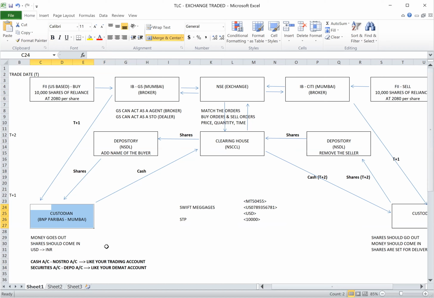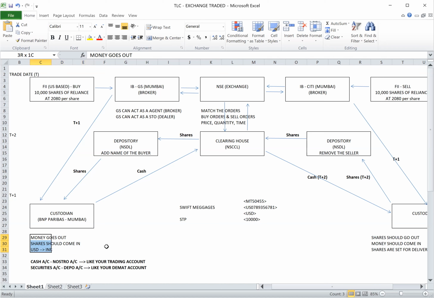Okay, so what would happen? The client would inform the custodian, or the broker would inform the custodian, that 10,000 shares of Reliance need to come in and the cash needs to go out. So they would inform the client custodian that from this account, the money needs to go out, and to this account, shares should come in.